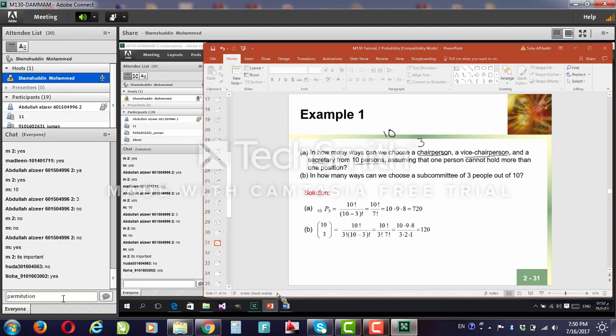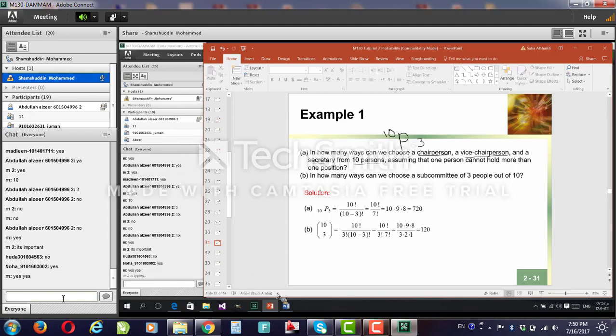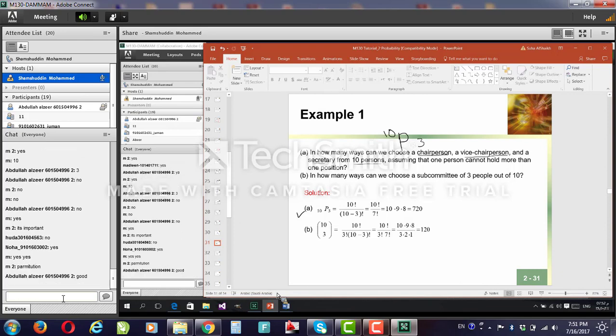So in A we will solve it with permutation. It is 10P3, and the result is 10 times 9 times 8, which equals 720.